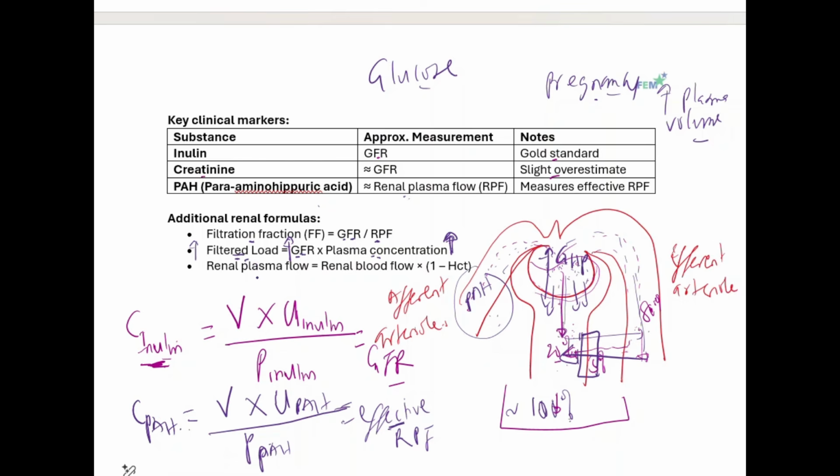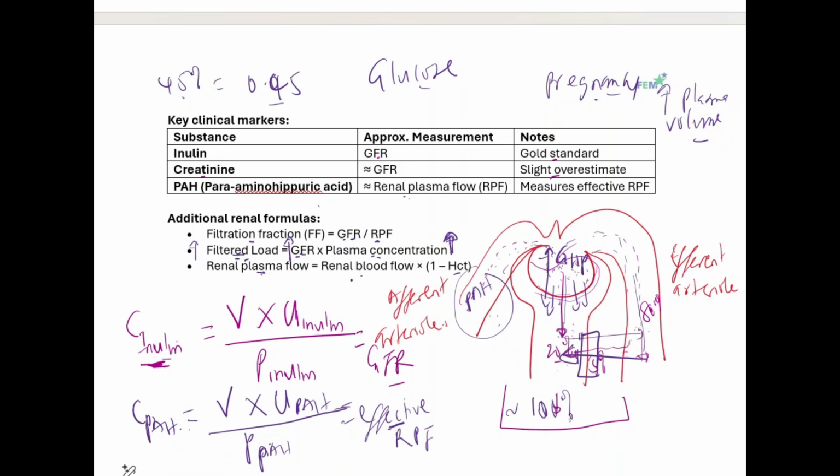And the last formula there is going to be renal plasma flow. The renal plasma flow equals your renal blood flow multiplied by 1 minus hematocrit. And that hematocrit is going to be in decimal, right? So for instance, if your hematocrit is 45%, you're going to convert that to decimal, which is 0.45, and that's what you're going to use.